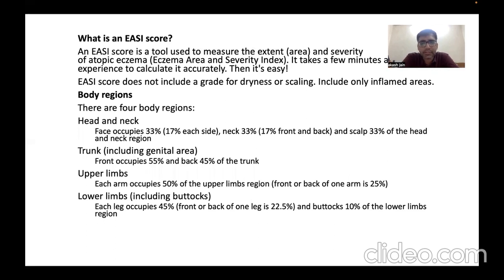Trunk, including the genitals, front occupies 55% and the back occupies 45%. Upper limbs, each arm constitutes 50% of the upper limbs region, that is front or back is 25%. And lower limb, including buttocks, each leg occupies 45% and buttocks 10%.